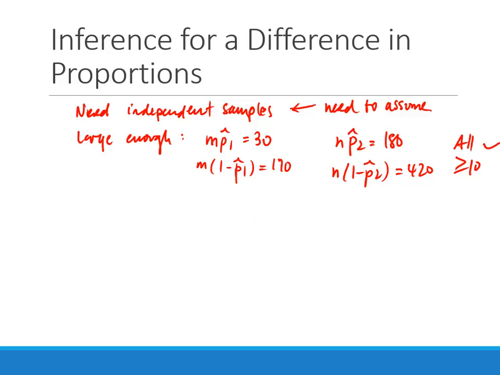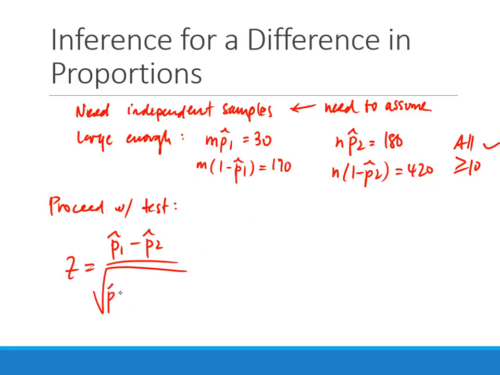Okay, so let's proceed with the test. Our test statistic here is p hat 1 minus p hat 2 minus 0, divided by the square root of p hat times 1 minus p hat times 1 over m plus 1 over n.